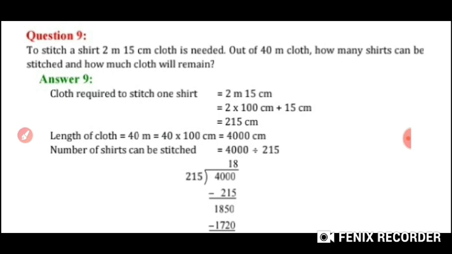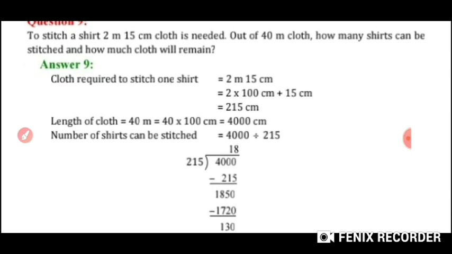One shirt requires 2 meter 15 centimeters. Here we can change centimeter to meter, or meter to centimeter. Here we are changing meter to centimeter.